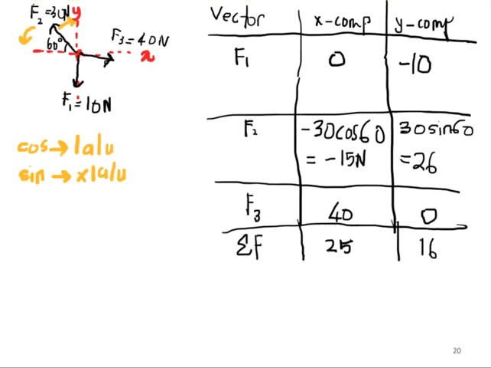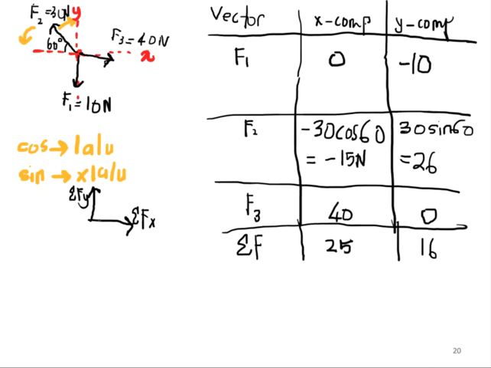So what does this value mean? 25 here is the total force in the x component. It's positive, so positive in the x component means it will be to the right. In the y component, the total force is 16. It is still positive, which means upward.